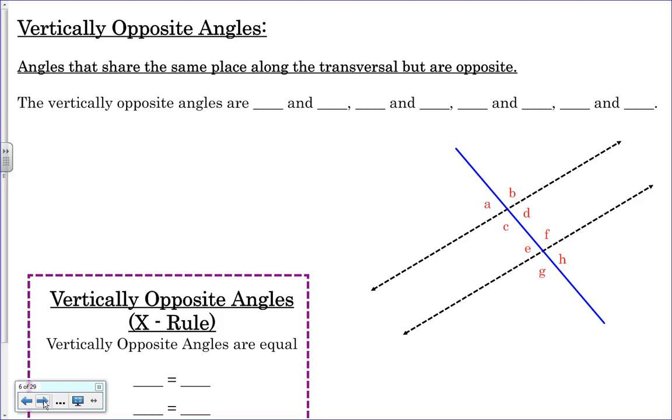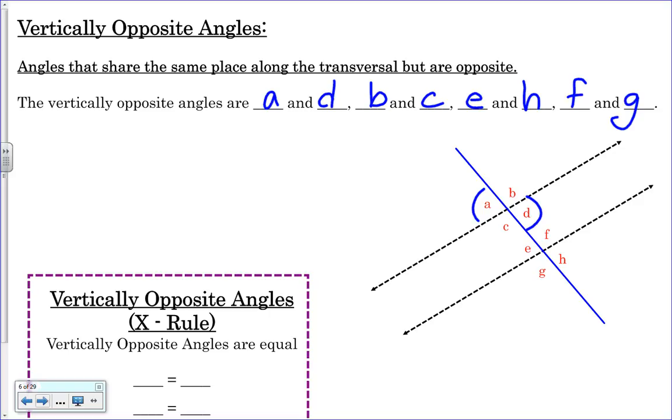So an example would kind of be like A and D. So again, they are on the same place along the transversal, but they're opposite. So A and D would be an example here. We would have B and C would be an example. E and H would be an example. F and G would be another example.